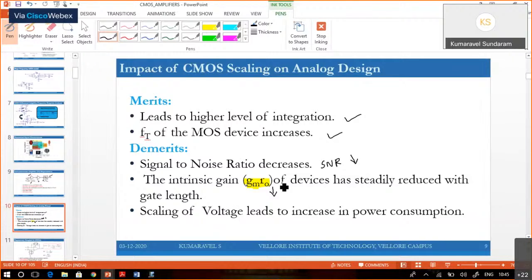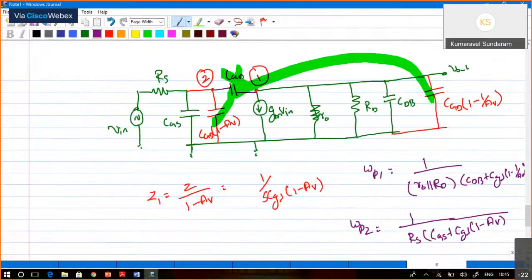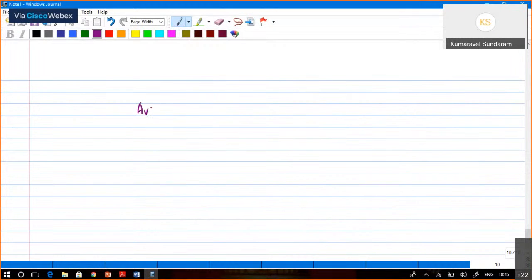So if it is going to decrease, if you observe, the gain is given as gm ro, the intrinsic gain. As technology scales down, it is going to decrease. If you realize the op amp in lower technology, you will achieve only lesser gain. So to achieve more gain, we need to increase this factor.